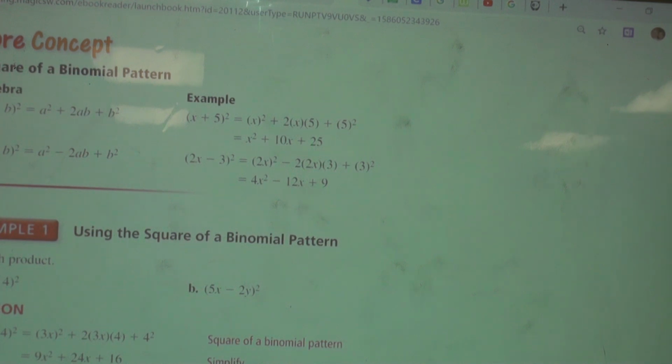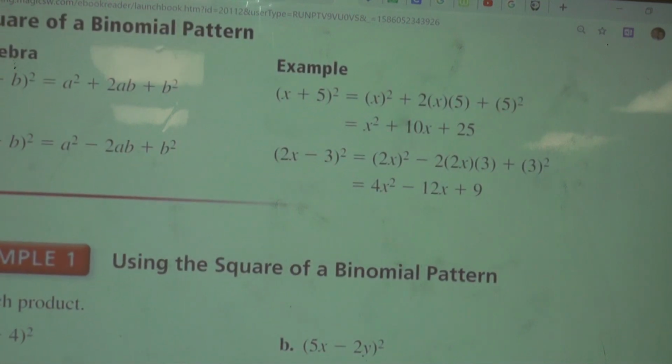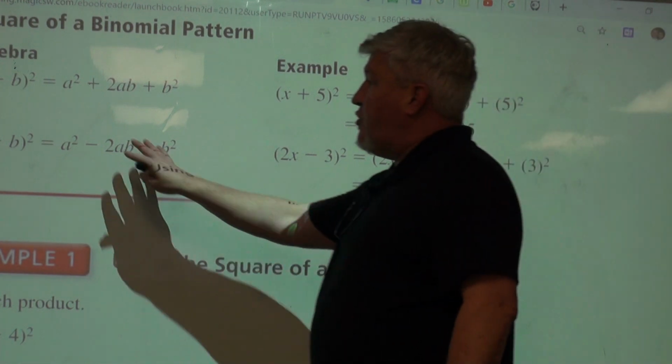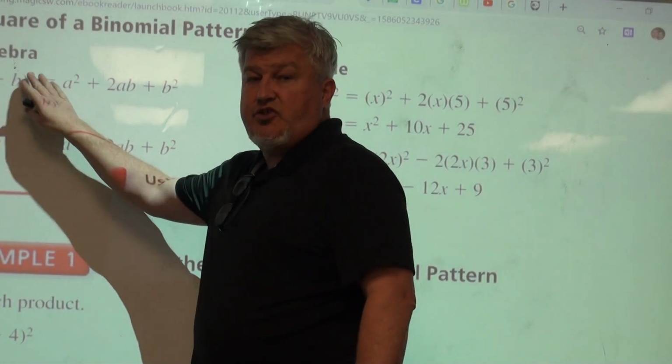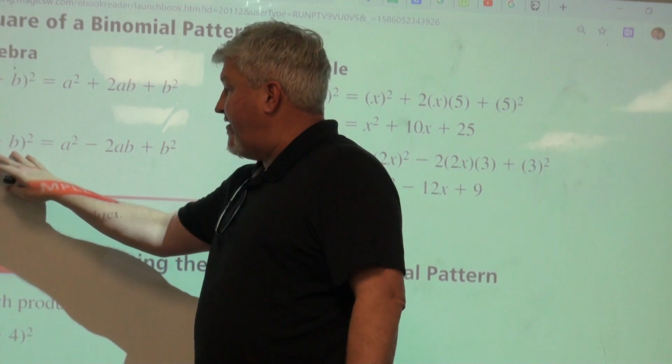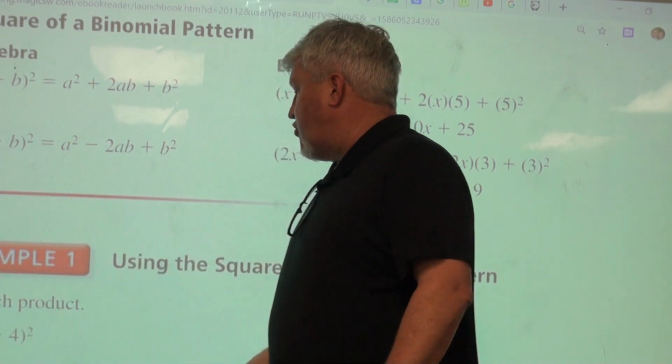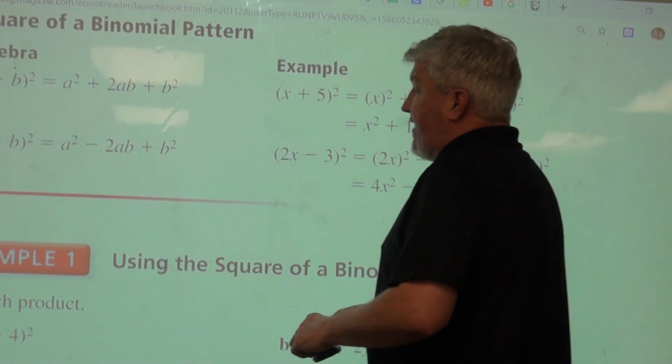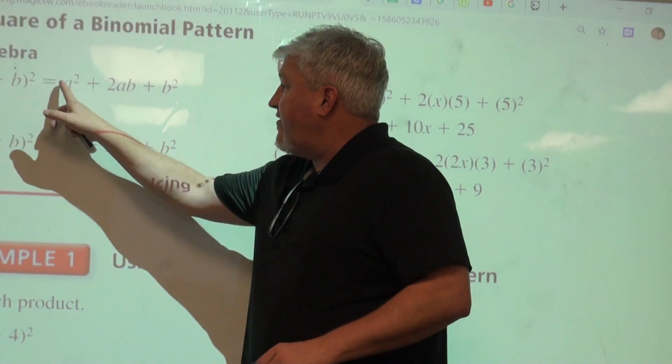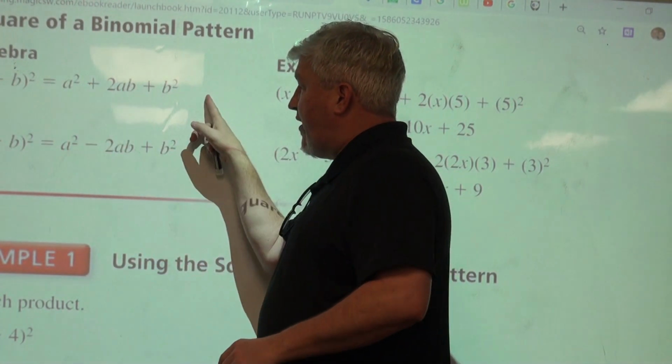All right, so the first core concept is called the square of a binomial pattern. What that means is, if you have a plus b squared, or a minus b squared, those are binomial patterns. If it's plus, everything is plus after you square it.